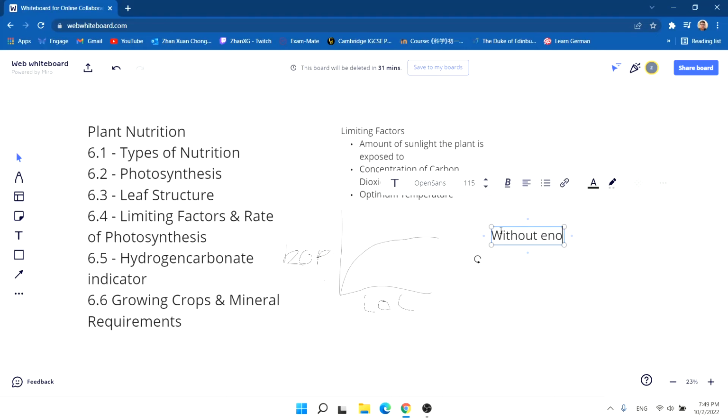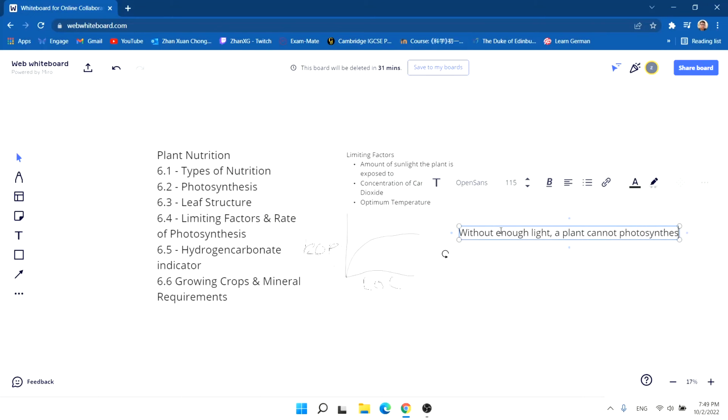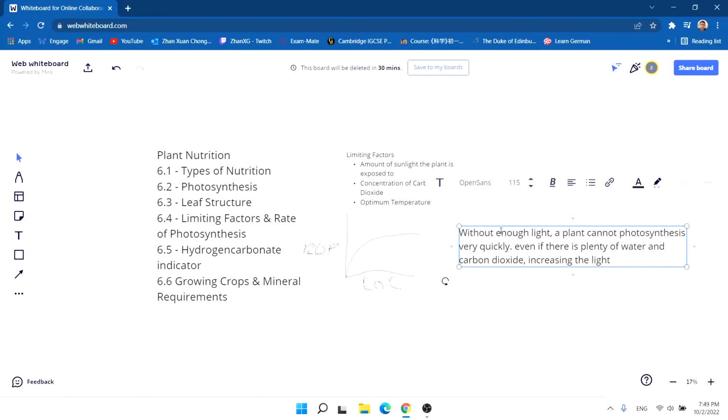Without enough light, a plant cannot photosynthesize very quickly. So even if there is plenty of water and carbon dioxide, increasing the light intensity will boost the speed of photosynthesis.